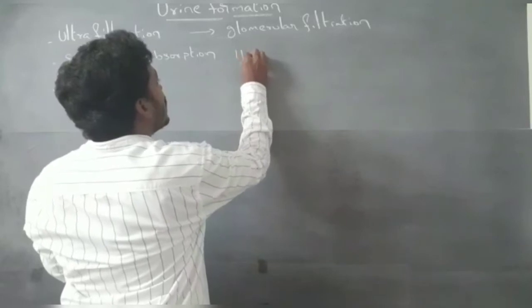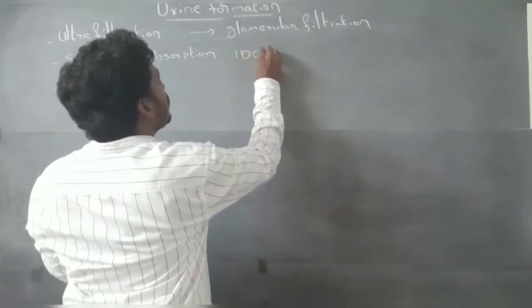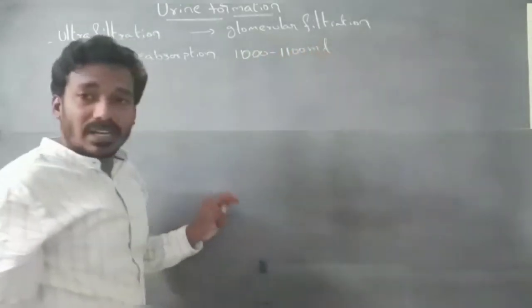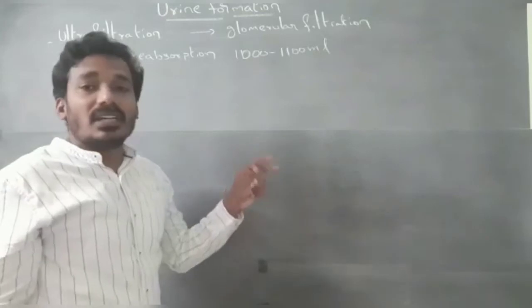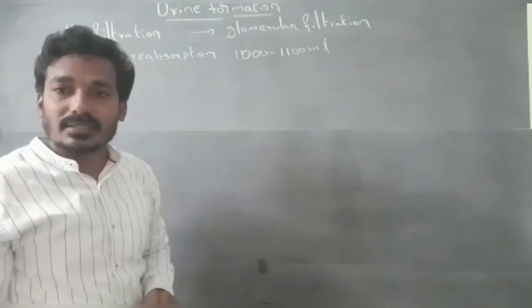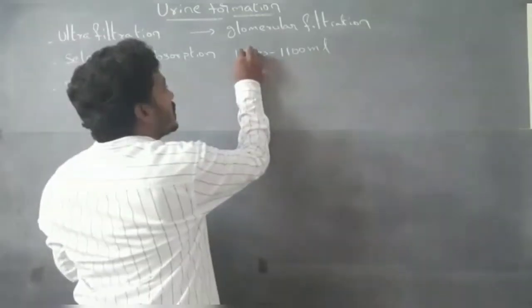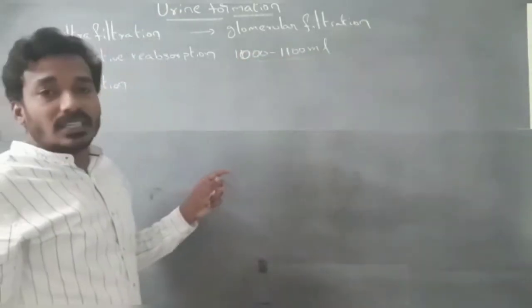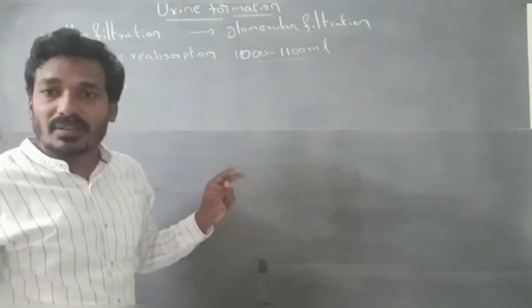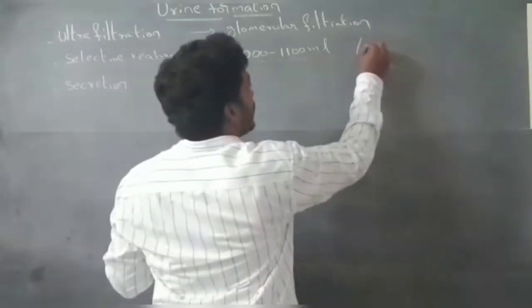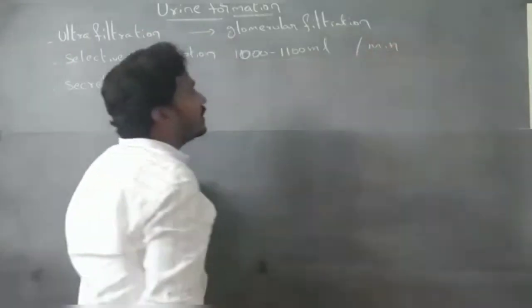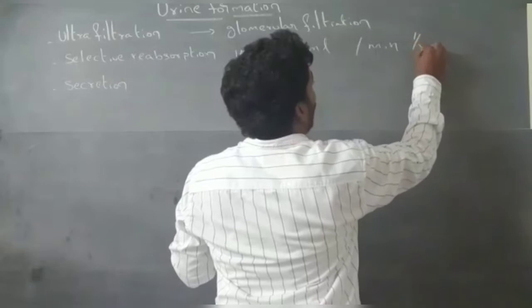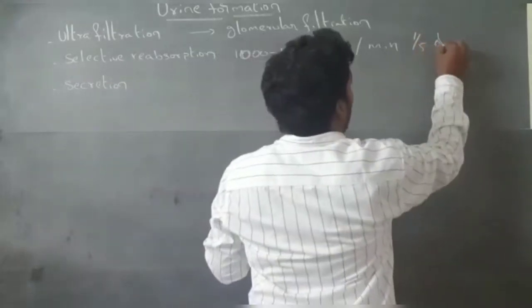1000 to 1100 ml of blood is filtered in both kidneys per minute. It is equal to 1/5 of the cardiac output.